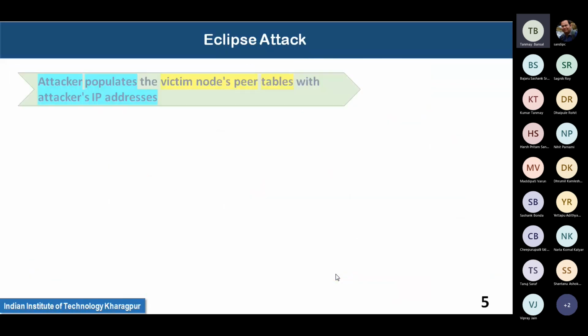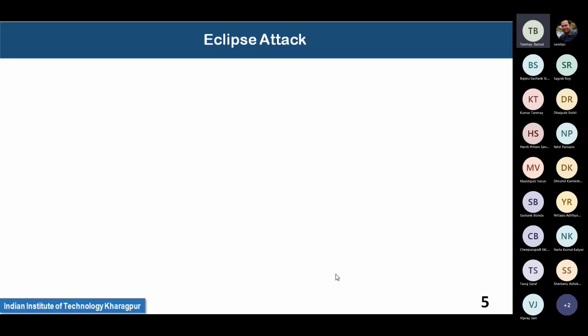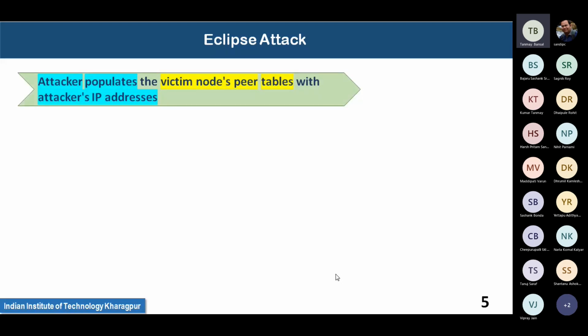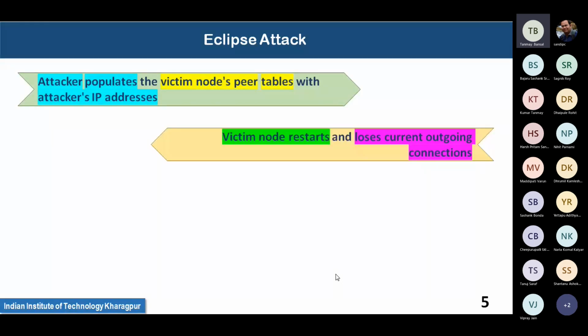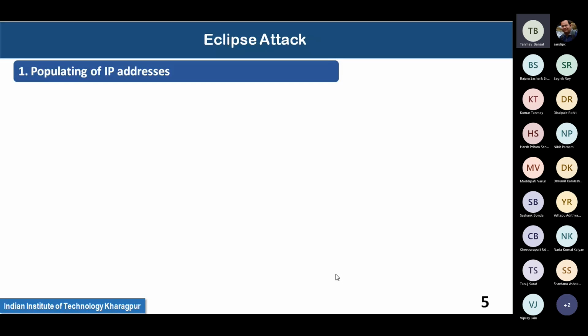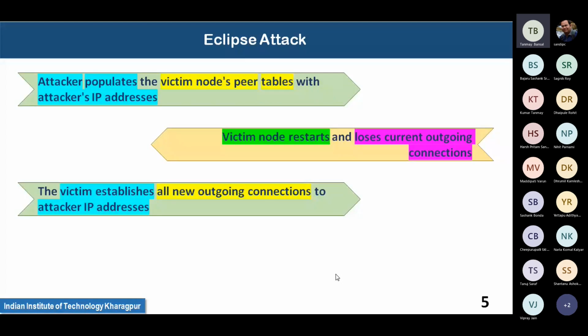Now, it is an interesting attack, as we have just tried to explain. But the question is, how will it really happen? How will the attacker do all this? This has something to do with how the peer-to-peer network is set up.